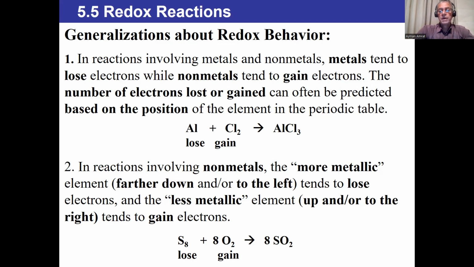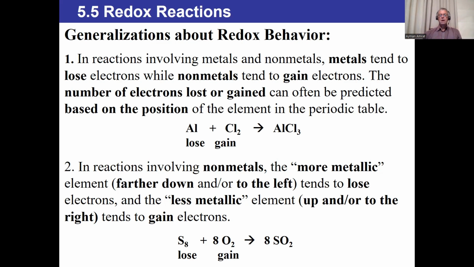In reactions involving nonmetals, the more metallic element tends to lose electrons. If they are in the same group, further down is more metallic, and if they are in the same period, the element to the left is more metallic.